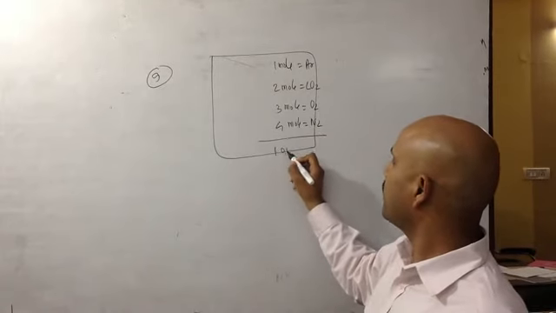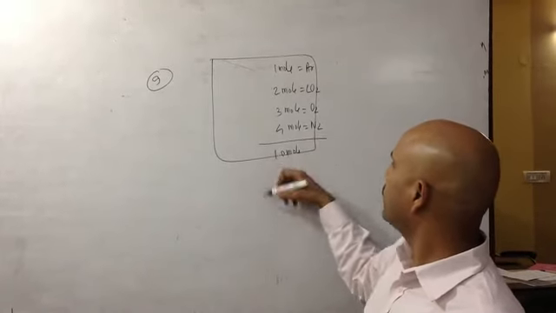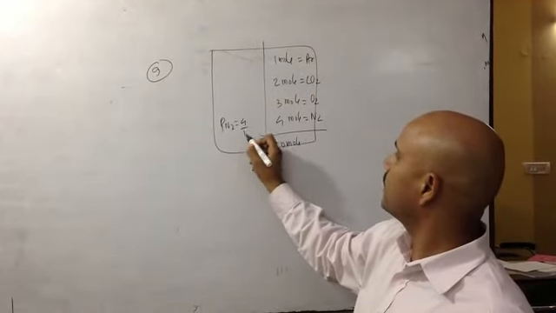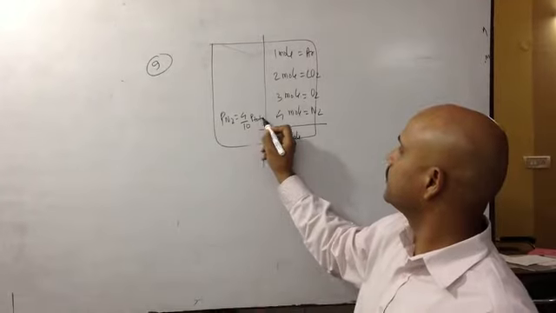Therefore total moles 10 moles, and the partial pressure of N2 will be 4 by 10 of P total.